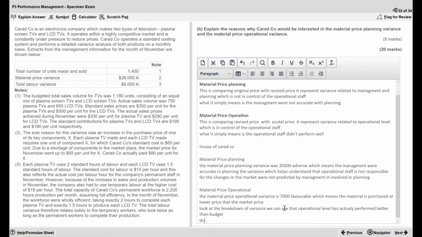This information would not have been visible if we had not divided the variance into planning and operational.